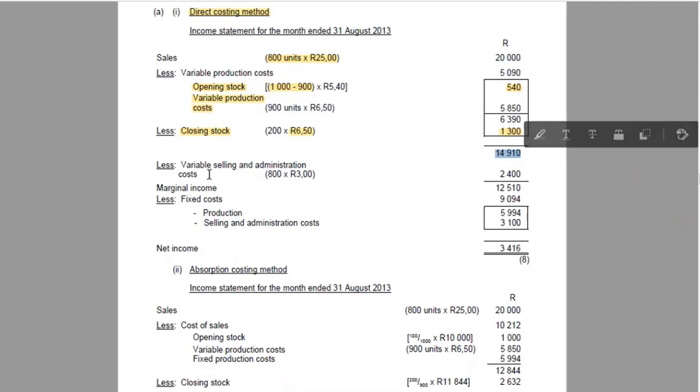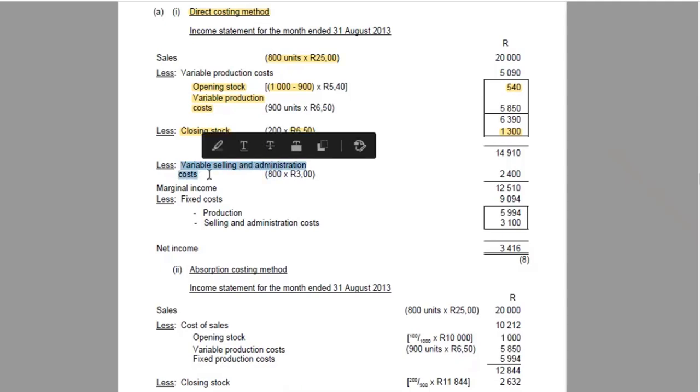Then after having this amount, you have to remember that contribution says that you have to take into account both your variable production cost and also your variable non-production cost. A part of those non-production costs are variable selling and admin. This one is also straightforward.